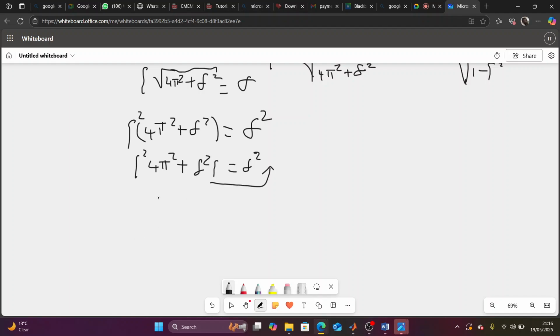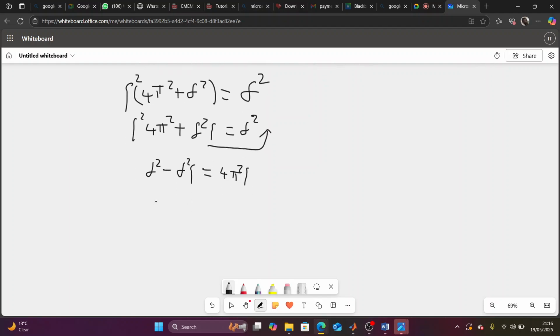If we do that, we'll have logarithm decrement square minus logarithm decrement square zeta equal to 4 pi square zeta. Now you can take logarithm decrement square as a common factor, which is 1 minus this zeta, equal to 4 pi square zeta. Zeta should be square here because everything is square.